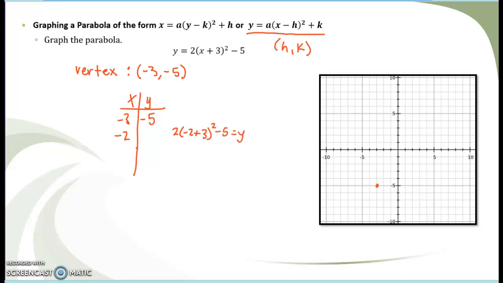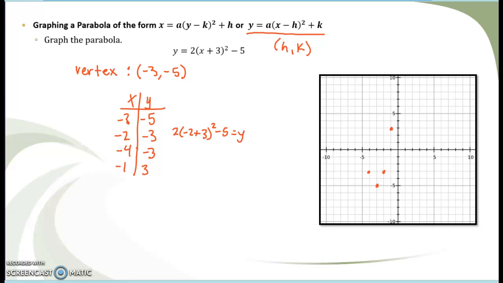So when x is negative 2, we end up getting negative 3 for y, and I plot the point negative 2, negative 3. I can plug in negative 4, and I'll also get negative 3. I can plug in negative 1 for x, and I will get a positive 3.